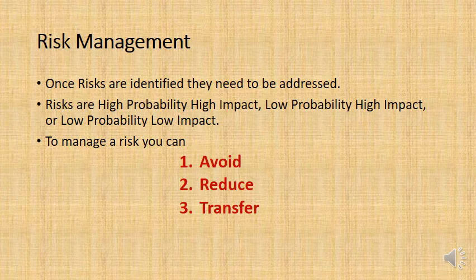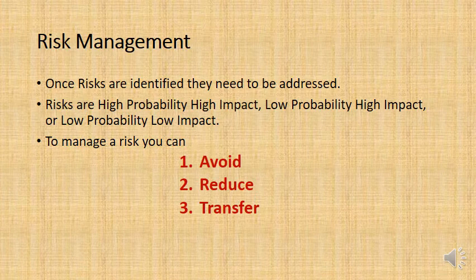We can reduce the risk, and this could be a reduction in both the impact or the probability of the risk. Or we can transfer the risk, which means that potentially the impact of the risk is being passed on to some other party, some other entity. There is a 4th thing we can do, and that is accept the risk. But we won't go into that because 1, 2, and 3, avoid, reduce, transfer.